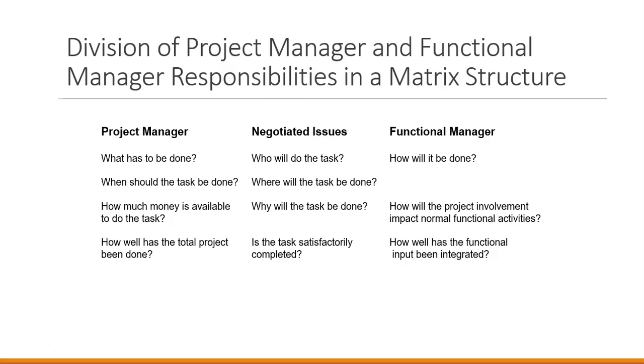Meanwhile, the functional manager has control over how it will impact normal functional activities: who do I have available on my team that might have extra time in their schedule, so that I can still get my daily operations done and lend you time to this project. The project manager and the functional manager have to work together and negotiate who is going to be on that project team, how much time they're going to devote to it, and what tasks they're going to be assigned to.